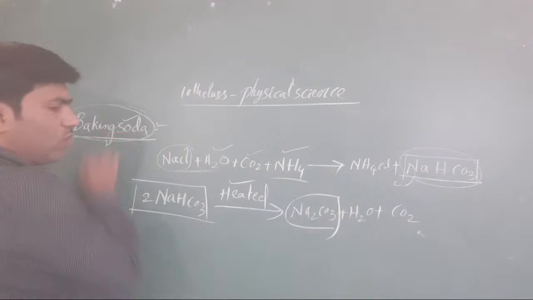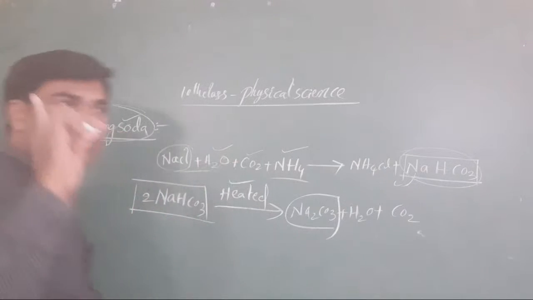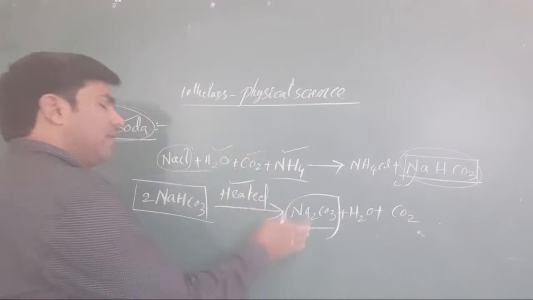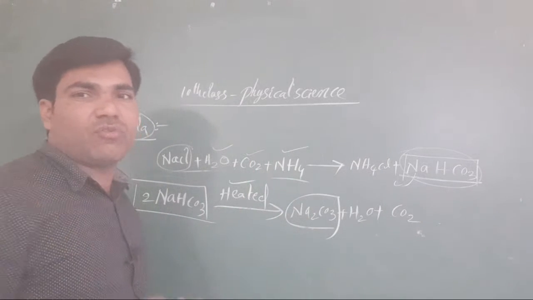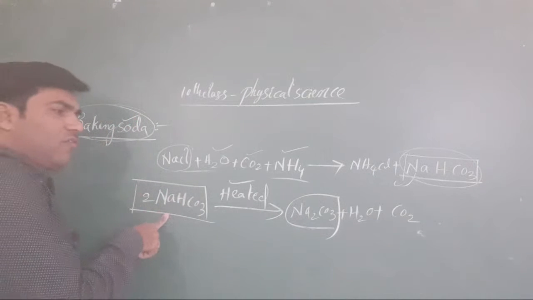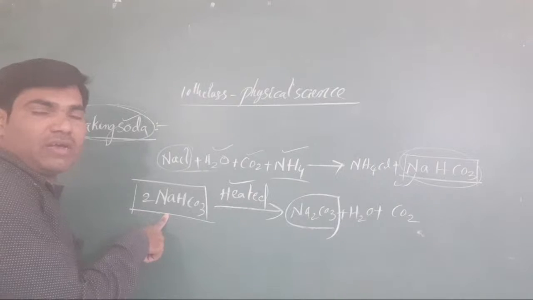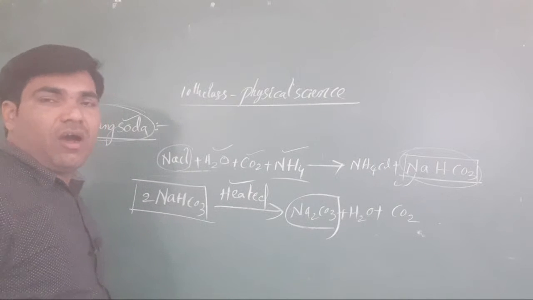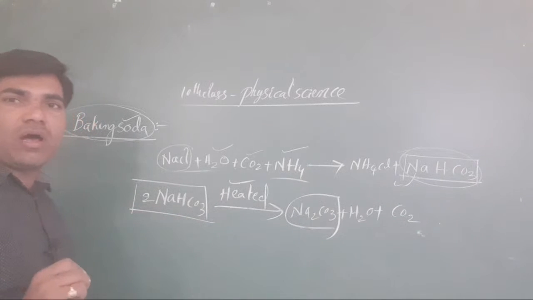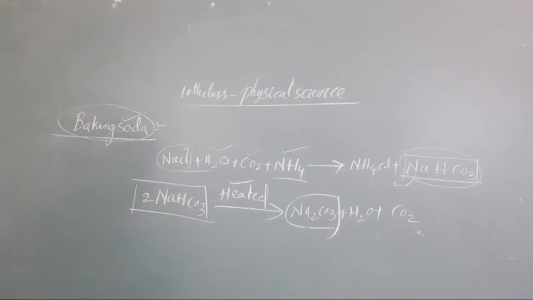The baking soda is first used as a reagent in cooking. It is also useful for the preparation of washing soda. Okay, this is very important. A question may ask: write the equation for how washing soda comes from baking soda. Like that, a question may come for you.